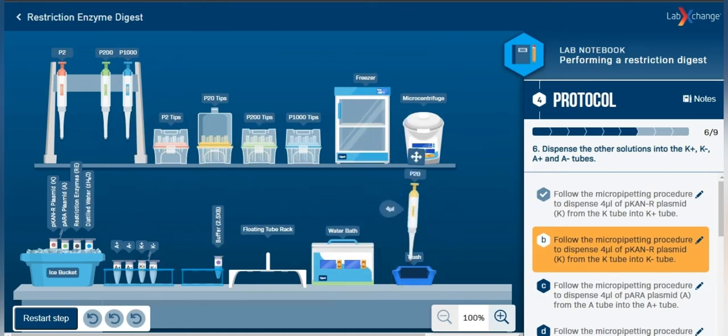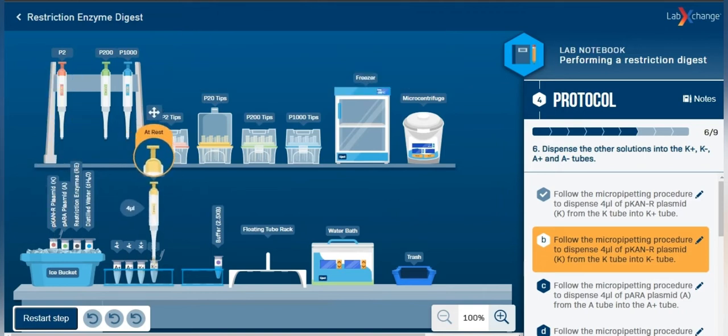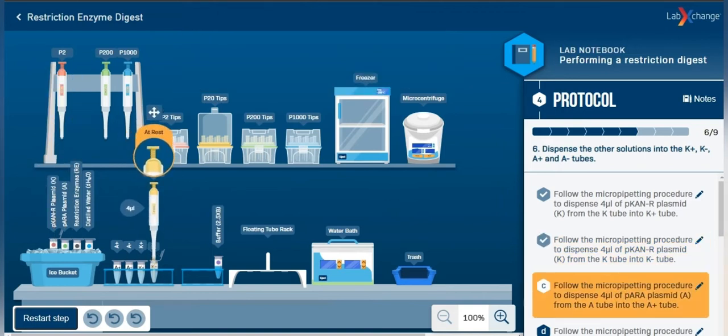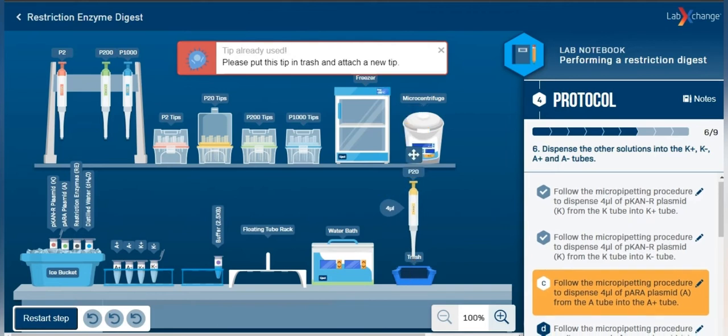Then follow the micropipetting procedure to dispense 4 microliter of pKanR plasmid K from the K tube into K minus. Eject the tip, throw it into the waste container.